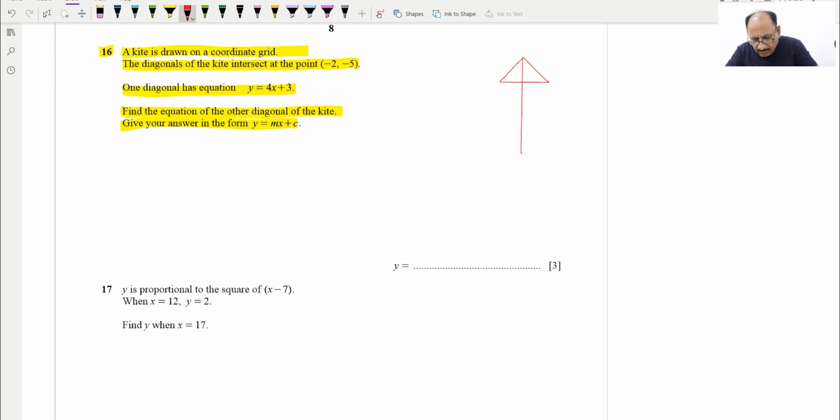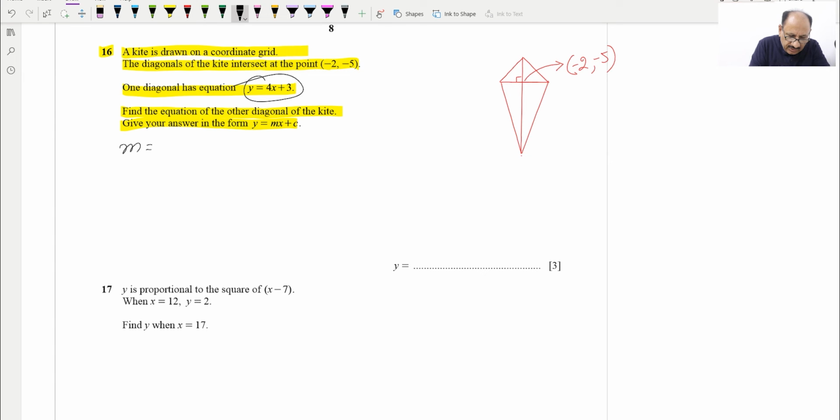So this is the rough kite, and this is a 90-degree angle, and this point they have provided as -2 and -5, and the equation of the line is also provided. If we check the equation of the line, which is y is equal to 4x plus 3, this is the equation on which we are focusing.